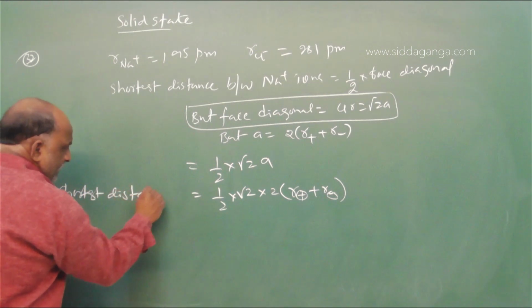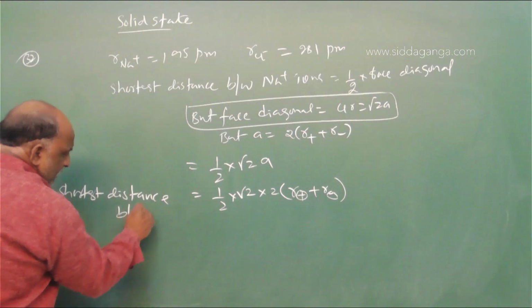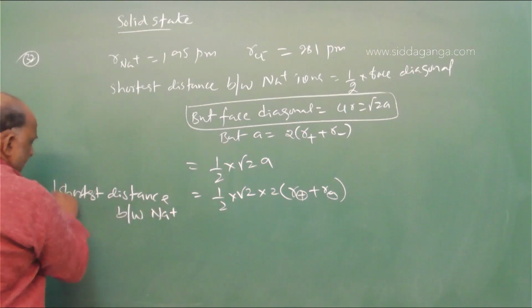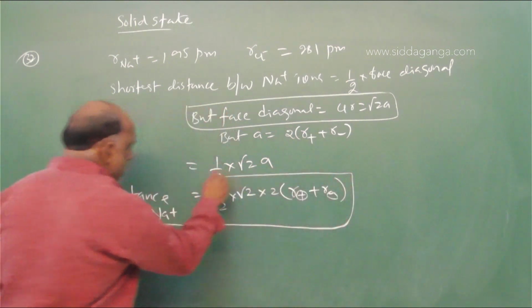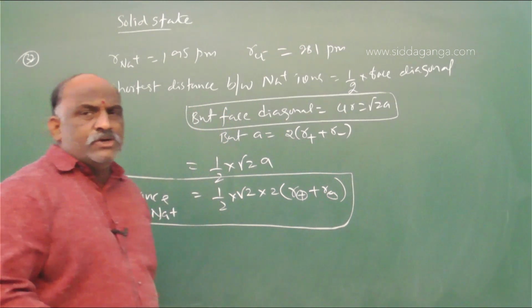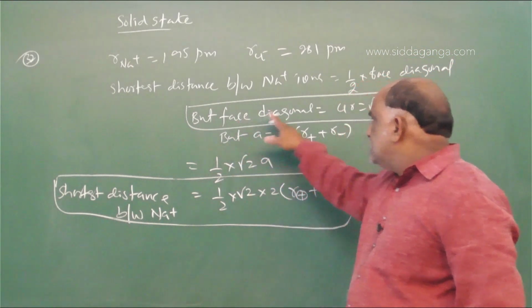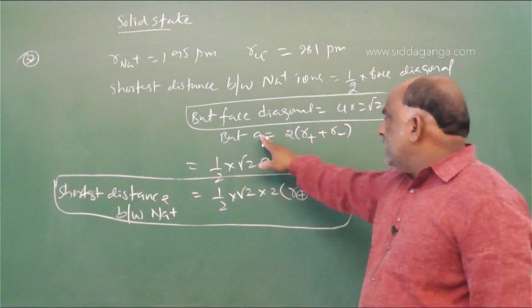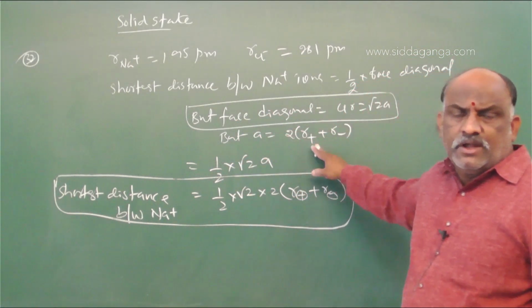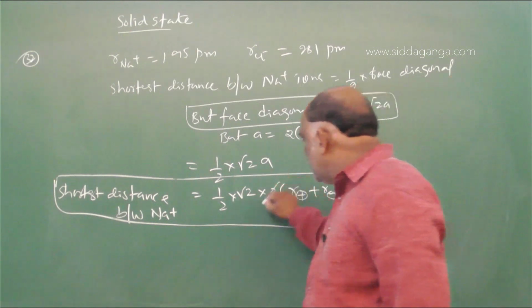Shortest distance between Na+ ions: the formula is half of face diagonal, root 2a. But a is equal to 2 into (r plus plus r minus), so 2 gets cancelled.